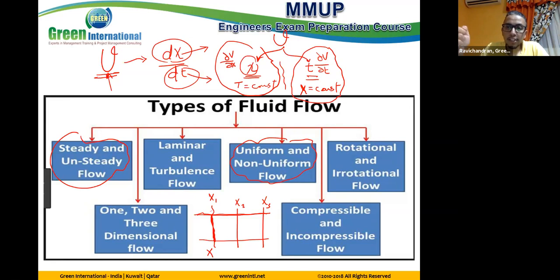If it doesn't make any change in the volume, this is incompressible. If the pressure applied here, P1 is not equal to P2, we'll see the figure, which is better to describe this.